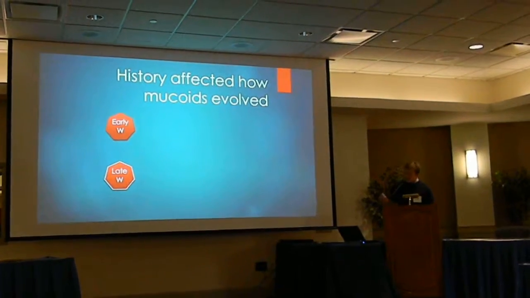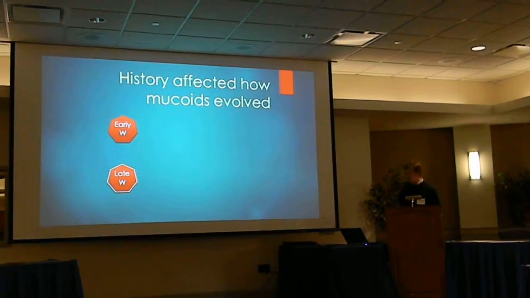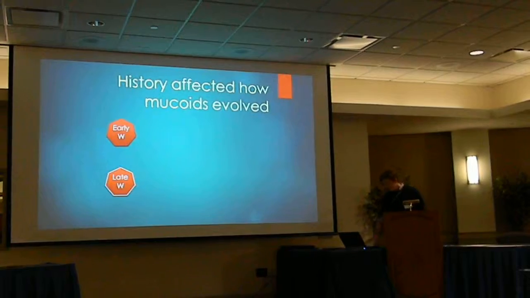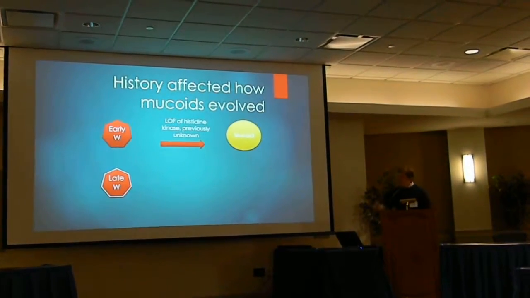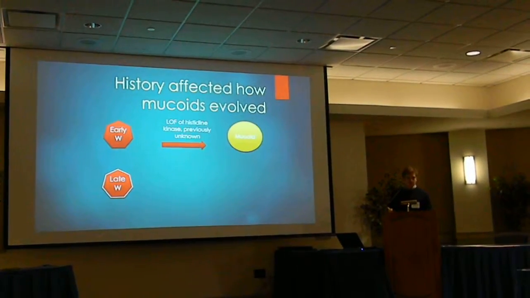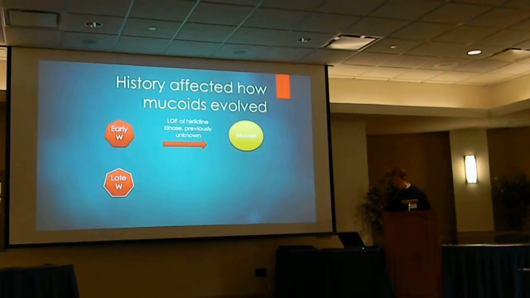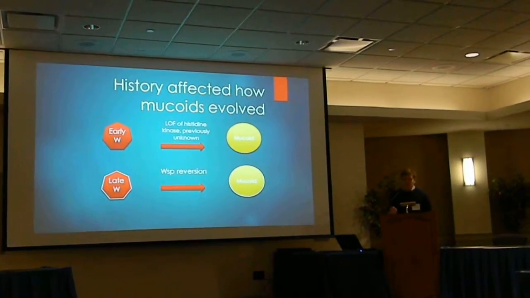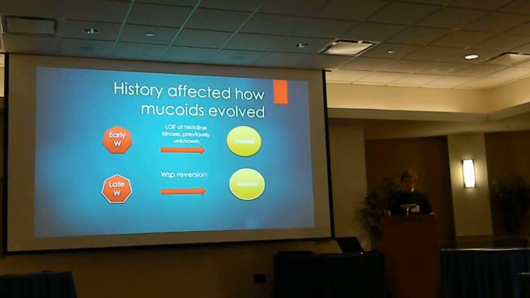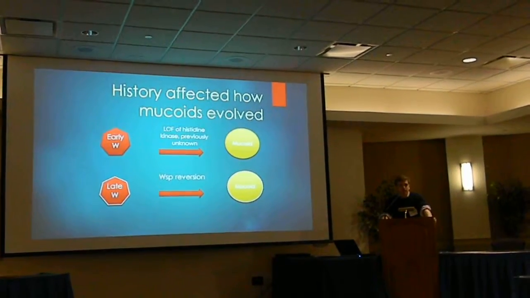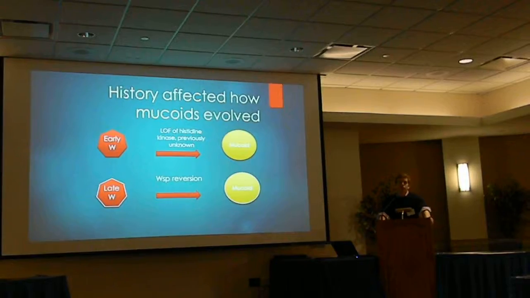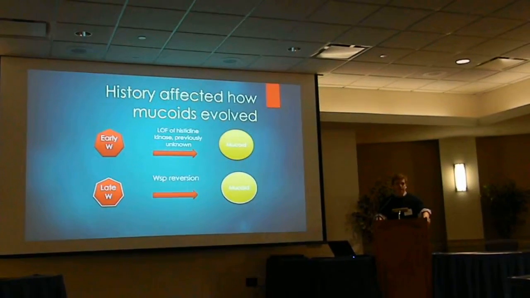So say your parent genotype is early Wsp, right? You have 1 mutation. This is a mutation outside the Wsp operon that brings you to the end result of being mucoid. If you're a late wrinkly as the parent genotype, it's very different. You have a reversion mutation within the Wsp operon that leads you to the end result.